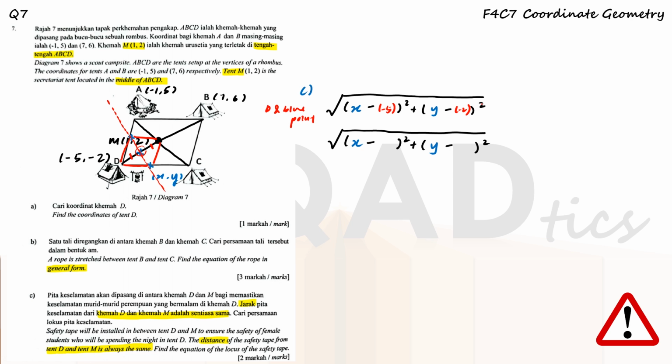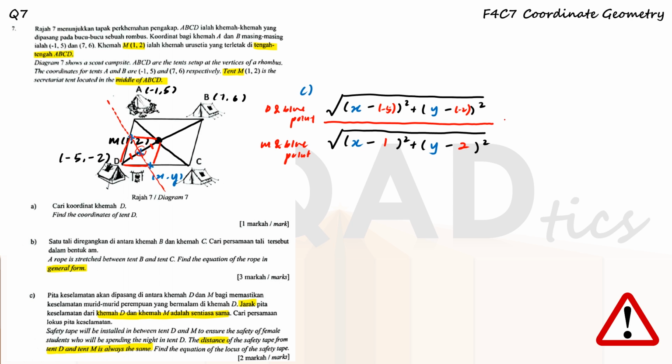So this is the first one. The second one would be with point M. For the blue point's coordinates, I'll put them here, same as the one above. Then I will sub in the coordinates of M, which is 1 and 2. Now I will consider the ratio, because it says the distance between these two is always the same.